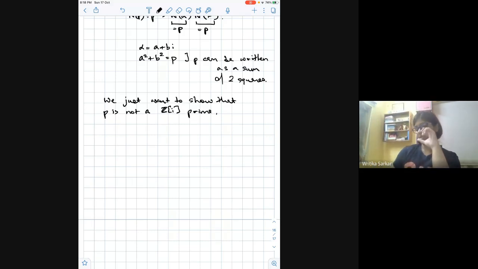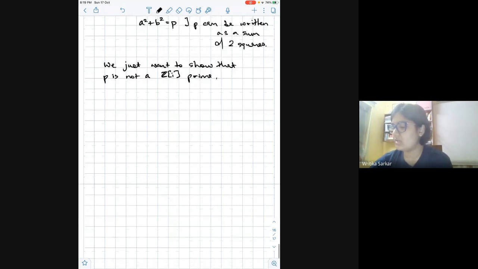So to do this, the idea is that we will write p as a product of two Gaussian integers, and then we will show that p divides neither of the factors, right? Which will show that p cannot be a Gaussian integer prime.